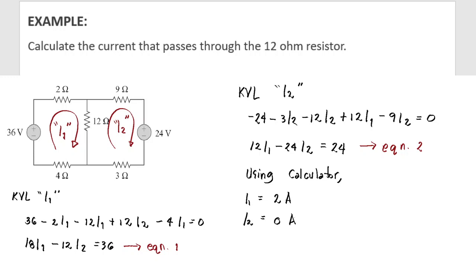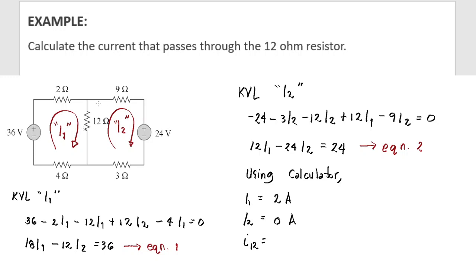Now we are asked to solve for the current that passes through the 12 ohm resistor. As you can see, for the 12 ohm resistor, there are 2 loop currents that pass through this. We have I1 and I2. I1 is downward while I2 is upward. Therefore, I12 is the difference.